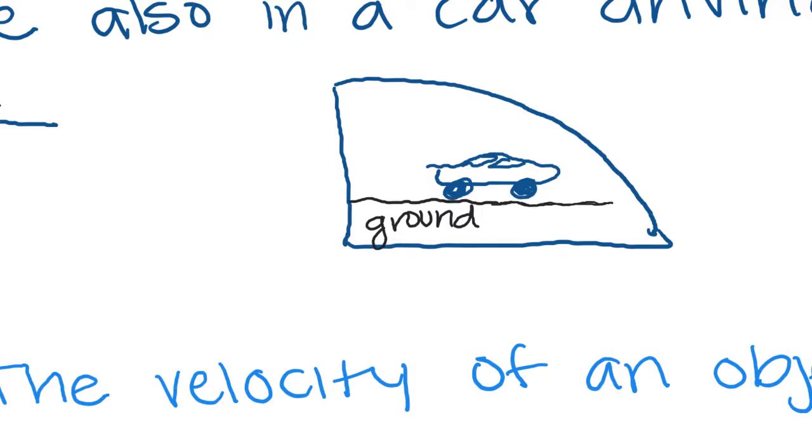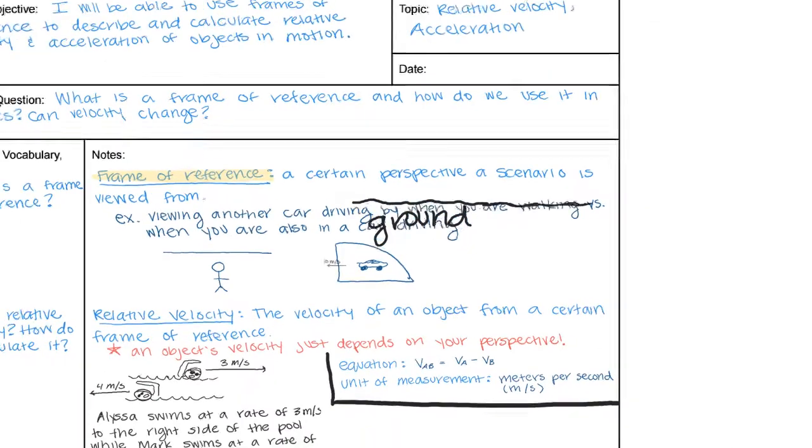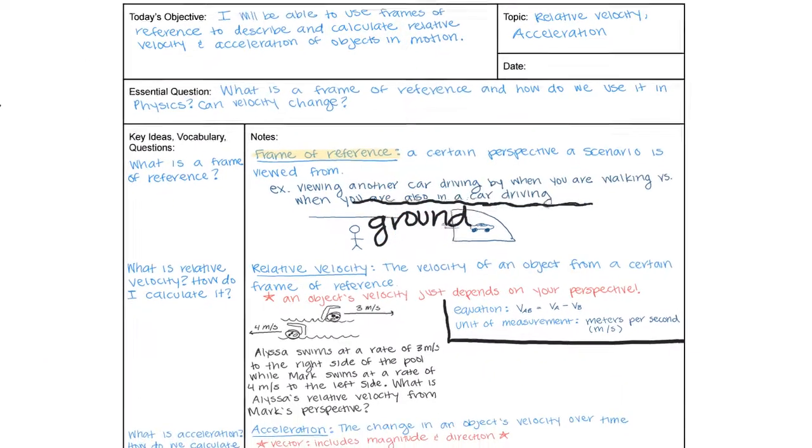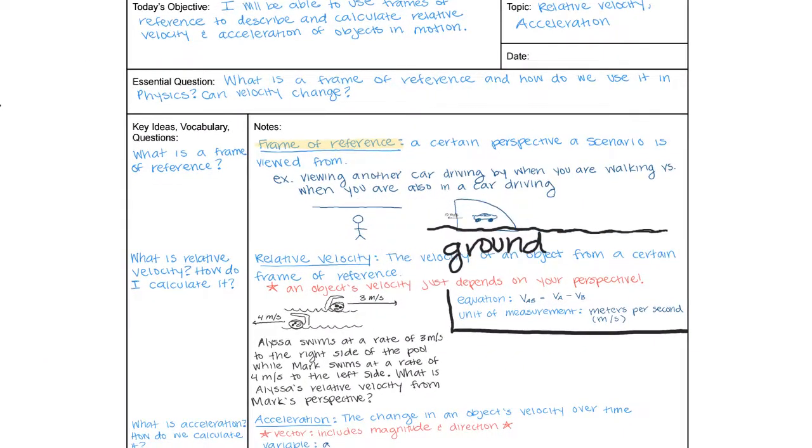So now all of a sudden it looks like the ground is moving at, I don't know, 10 meters per second this way. So that's what we're kind of getting at with a frame of reference here. So frame of reference is kind of just talking about different viewpoints from the physics perspective and how they can affect what we see.